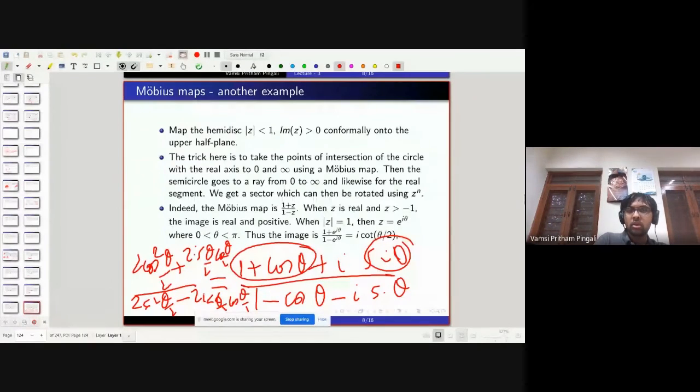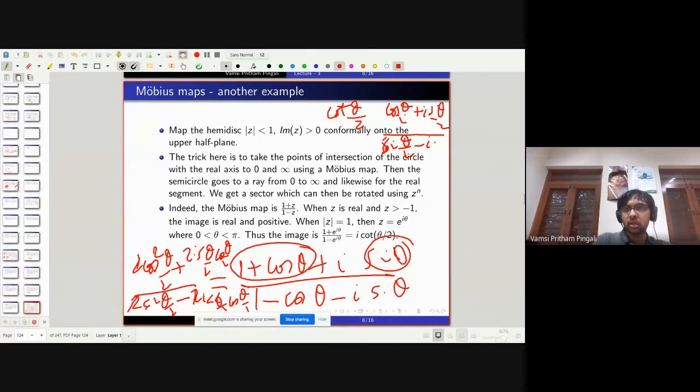The 2's get cancelled out, so you'll get cot theta by 2 times something that is just i. Anyway, a very quick calculation tells you that this image is purely imaginary.